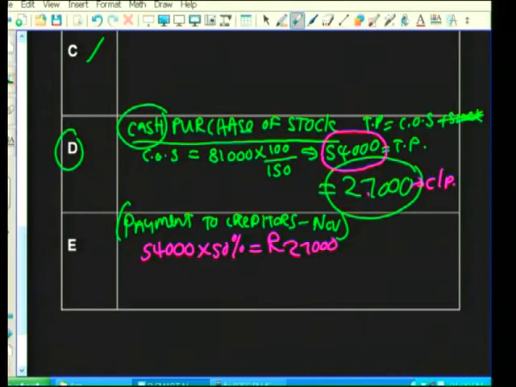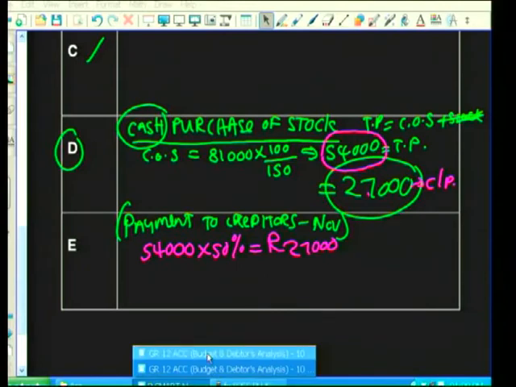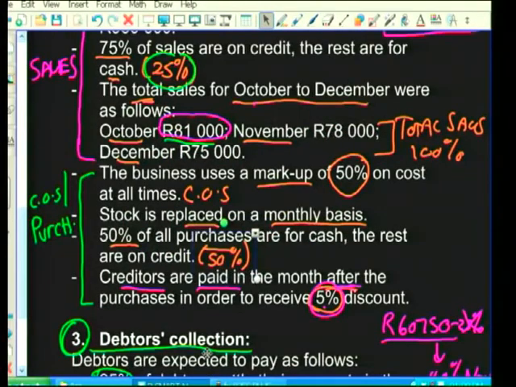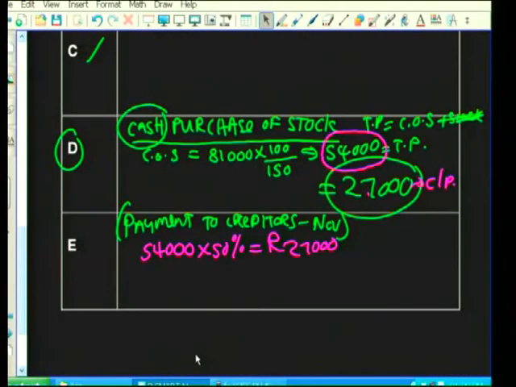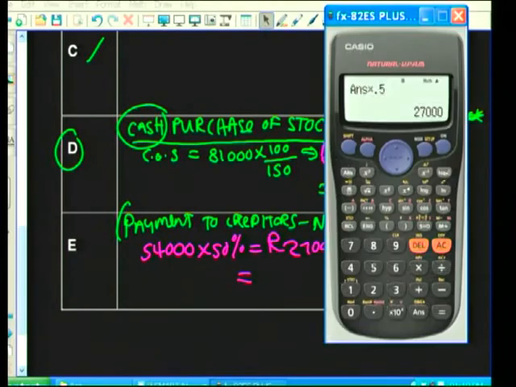But remember, I'm not going to pay my creditors 27,000 because according to the information, I receive a 5% discount. So 27,000 times, I'm not paying them 100%, but 100 minus 5, which means I only pay them 95%. Okay, so let's get our calculators out. 27,000 times 95% gives us 25,650.